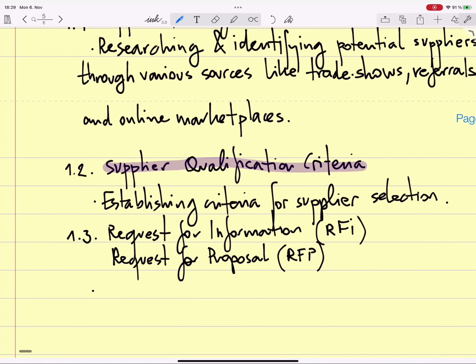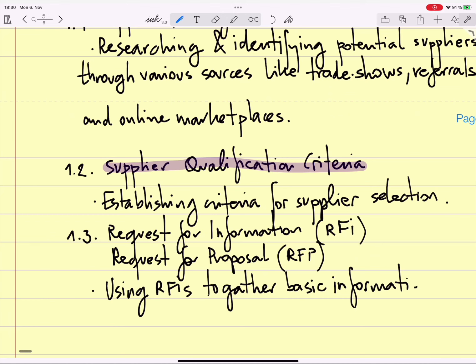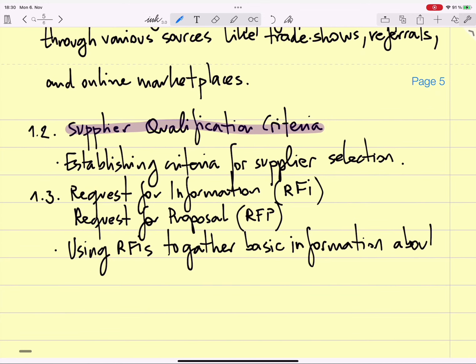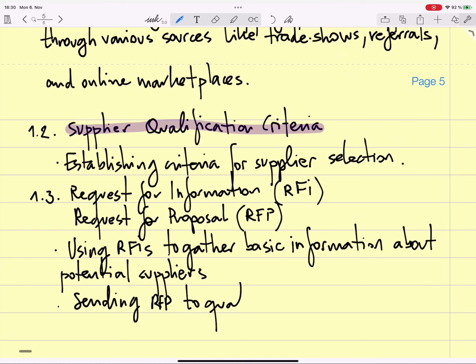So using RFIs to gather basic information about potential suppliers is important, including capabilities, certification, references, and then sending RFP to qualified suppliers to request detailed proposals.